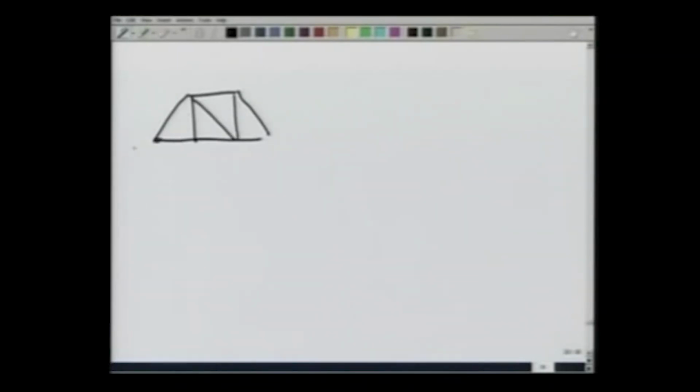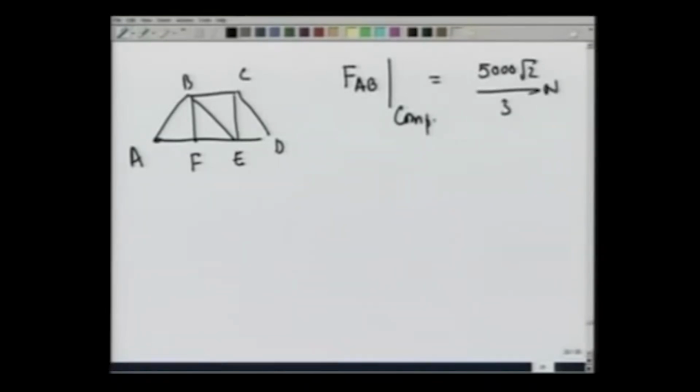We have determined FAB, and FAB was a compressive force, and its magnitude was 5000 root 2 over 3 newtons. We have determined FAF, which is tensile, which is equal to 5000 over 3 newtons.